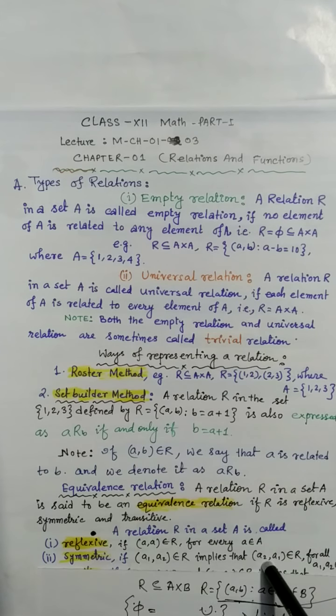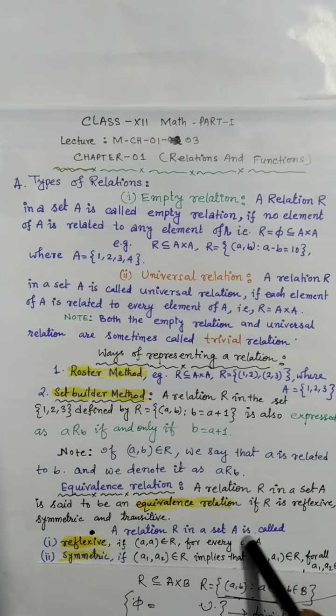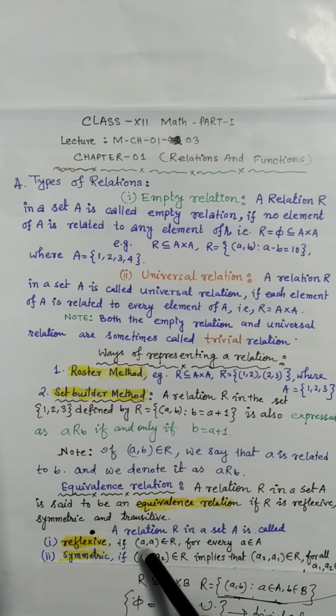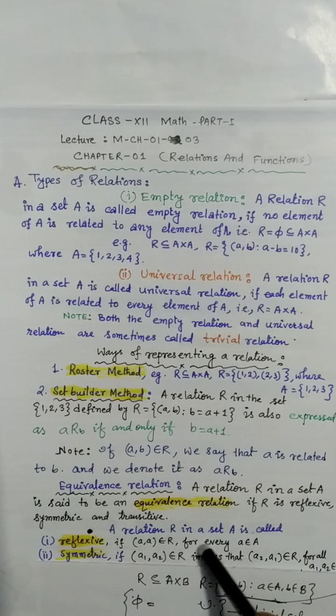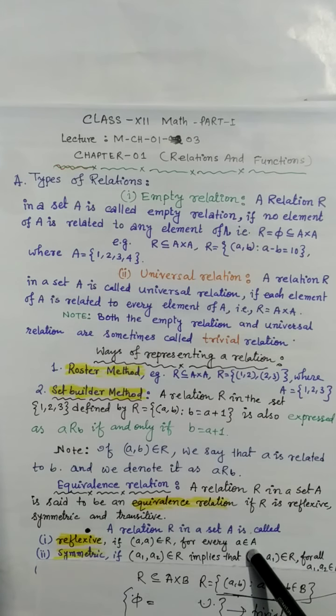If it is present there, it means it is symmetric. A relation R in a set A is called reflexive if (a, a) belongs to R for every a belonging to capital A.